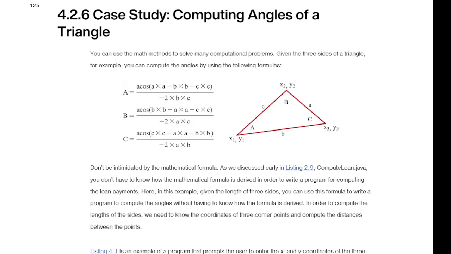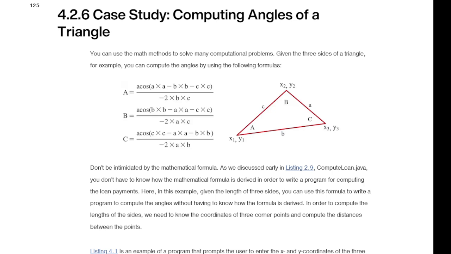So the side that's adjacent to the angle determines our formula, or the positive part of this arc cosine. And so all of these are used to determine in radian measure what the angle will be for three parts of a triangle.